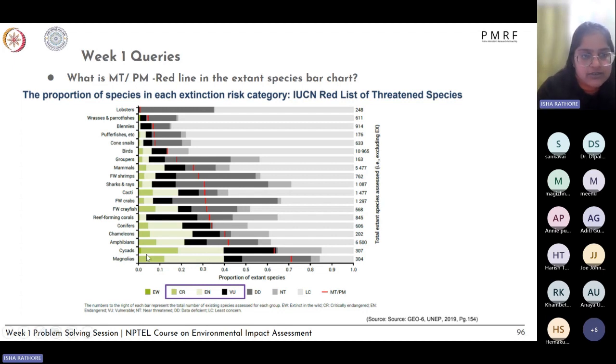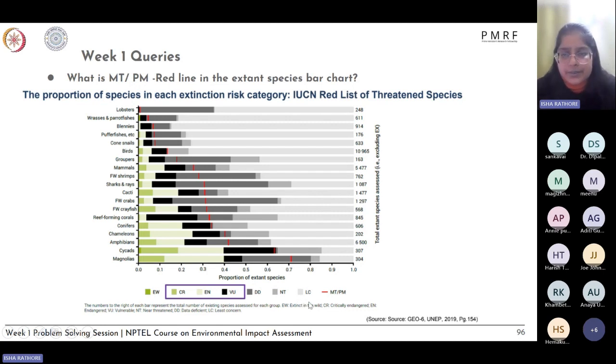On this side, we have the different species, and then this is the scale for the number of individuals which are extinct in the wild, EW, critically endangered, CR, endangered, EN, vulnerable, VU, and data is not available, so DD, data deficient. Then we have NT, near threatened, and least concern.